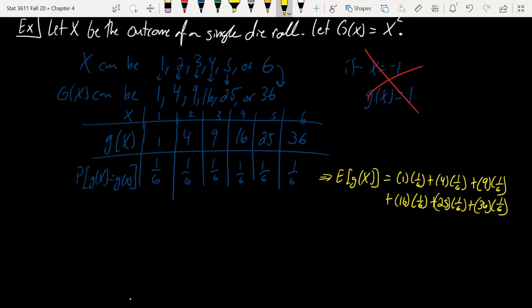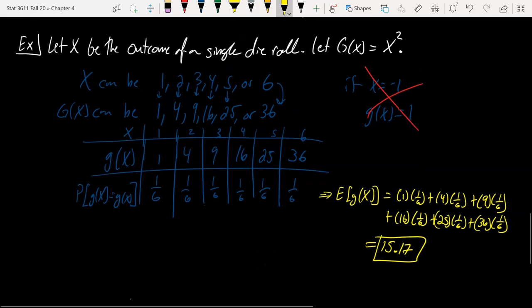We add all that together, and that is 15.17. That is the expected value of the square of the die rolls.